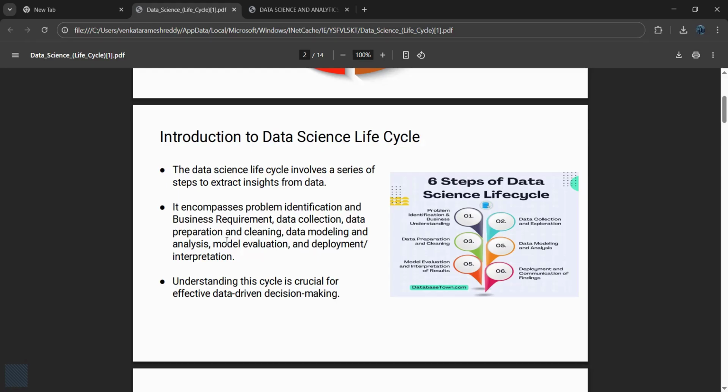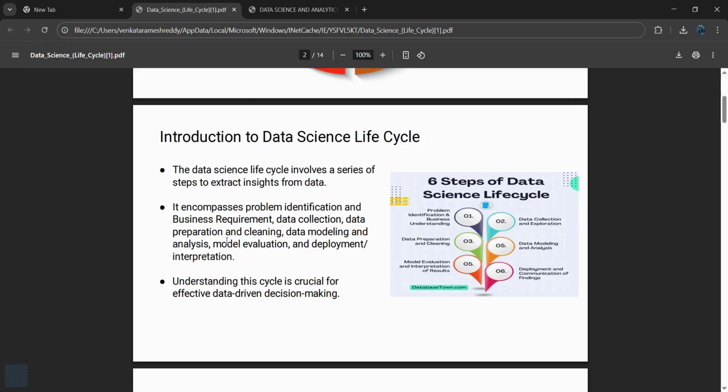Without performing these steps, you can't analyze the data, because these steps help you to make effective data-driven decision making. If you want to do effective decision making or effective predicting, you have to go through this data science life cycle. So this is the third point.